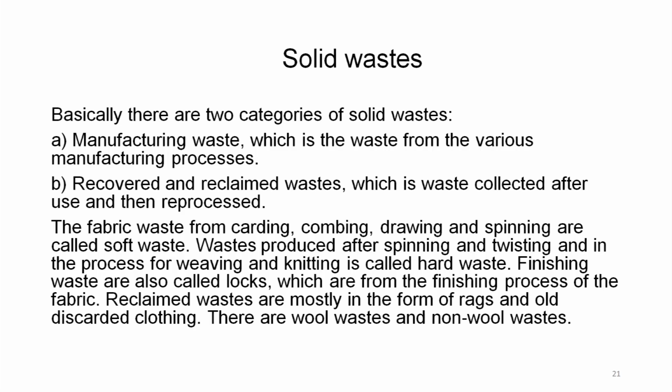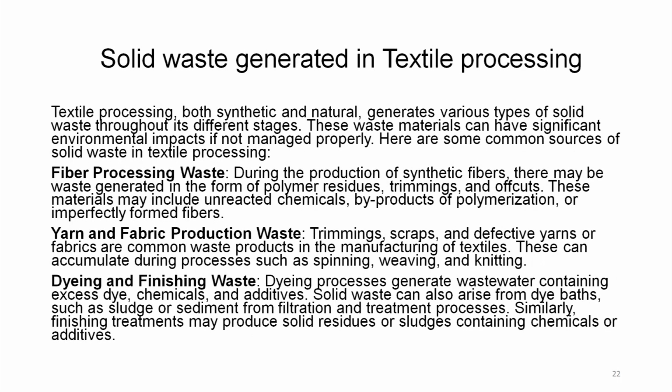Reclaimed wastes are mostly in the form of rags and old discarded clothing. There are wool waste and non-wool waste. So, all kinds of waste are possibly there. Now, we need to see where we can process what and reuse it.